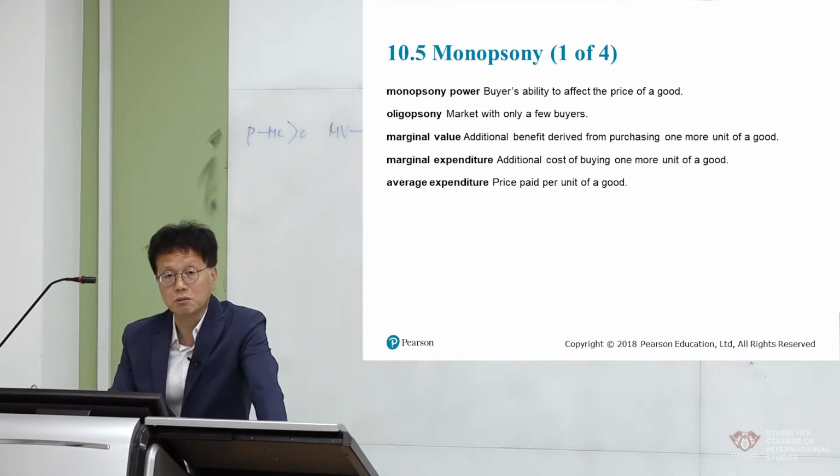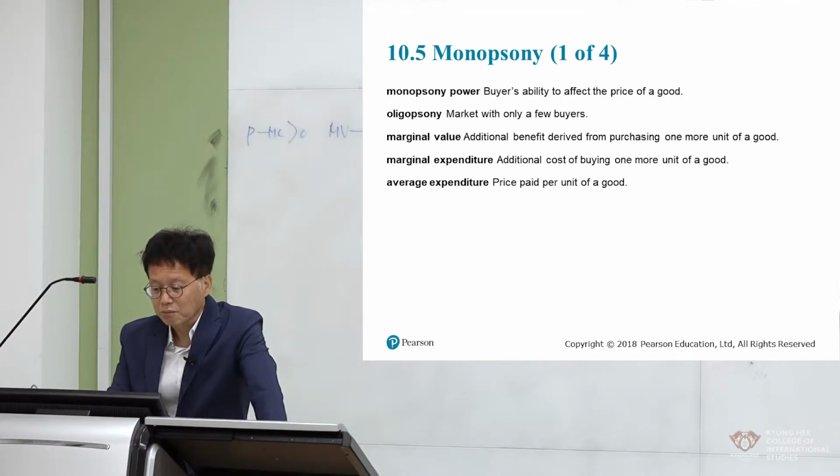Marginal value is the additional benefit derived from purchasing one more unit of a good, so actually marginal value is marginal utility. Marginal expenditure is the additional cost of purchasing one more unit of a good. Average expenditure is the price paid per unit of a good.